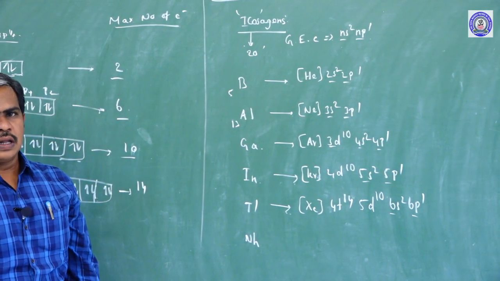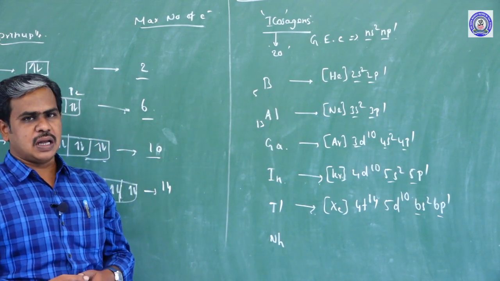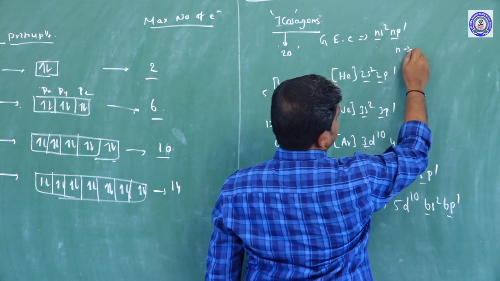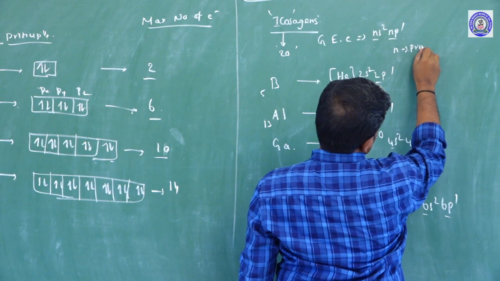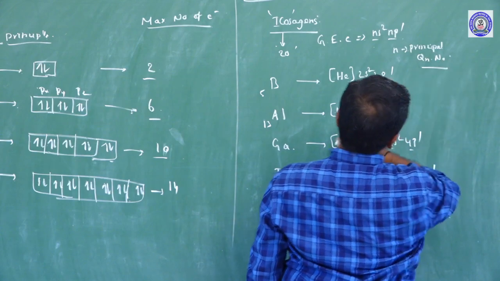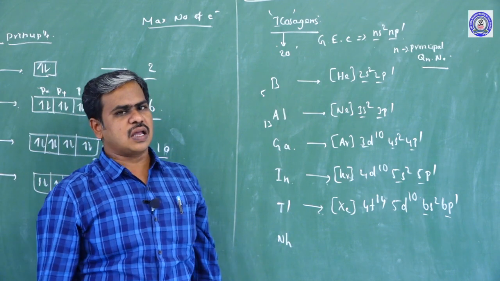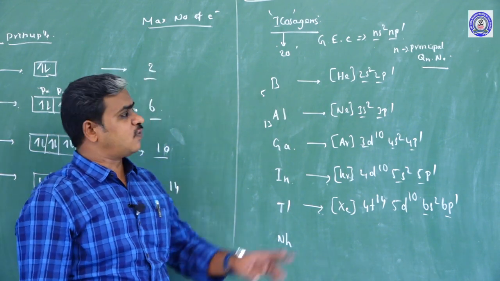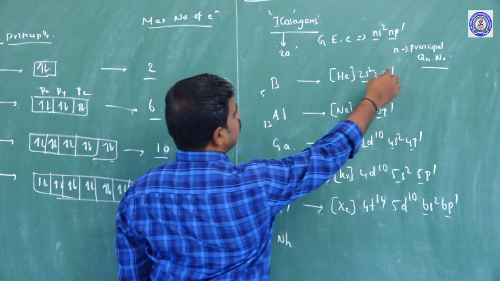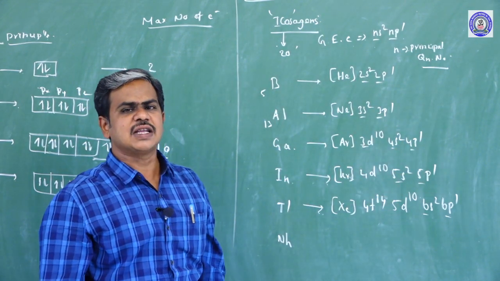Down the group, the electrons are accommodated in the outermost orbital, and they vary only by n, the principal quantum number. All the outermost electronic configurations are the same, differing only by the principal quantum number. So the general electronic configuration of icosagens, the 13th group elements, is ns2 np1.